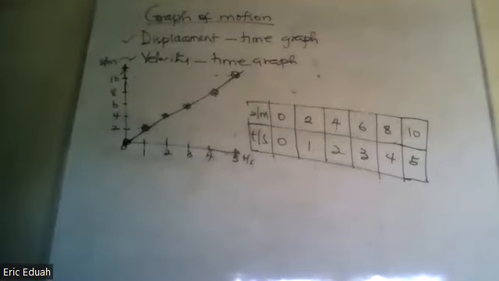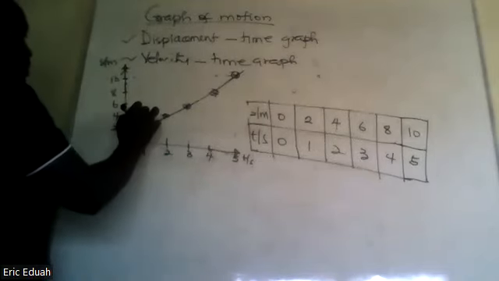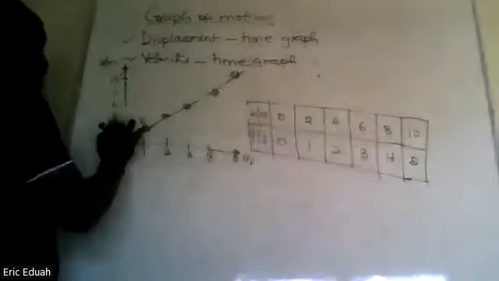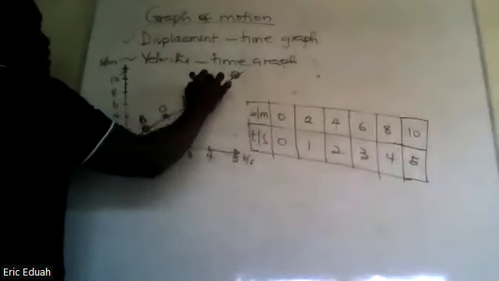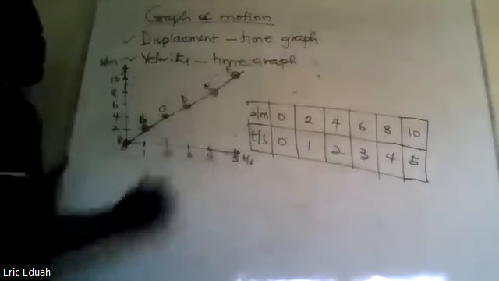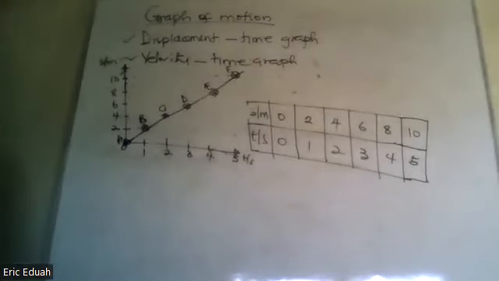We have the points A, B, C, D, E, and F. If you want to find the slope of this straight line or graph, how would you find it?